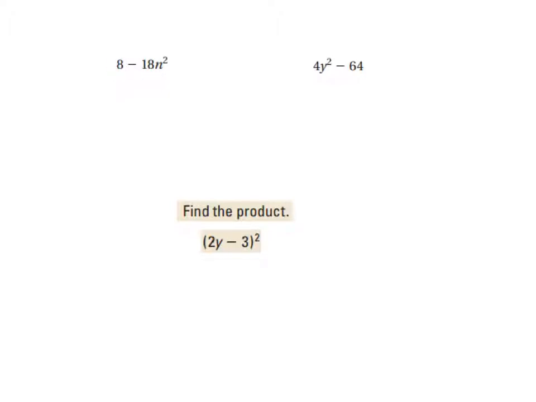Is there something that divides 8 and 18? There is. We can divide everything by 2. We get 2 times 4 minus 9n squared. Don't lose that 2. Now, this is a difference of squares. So a difference of perfect squares will factor.